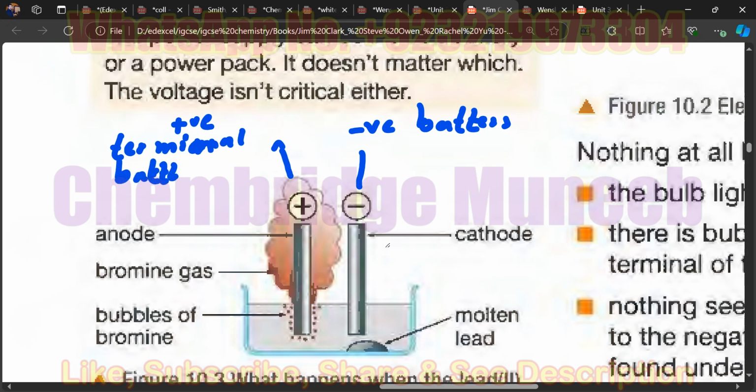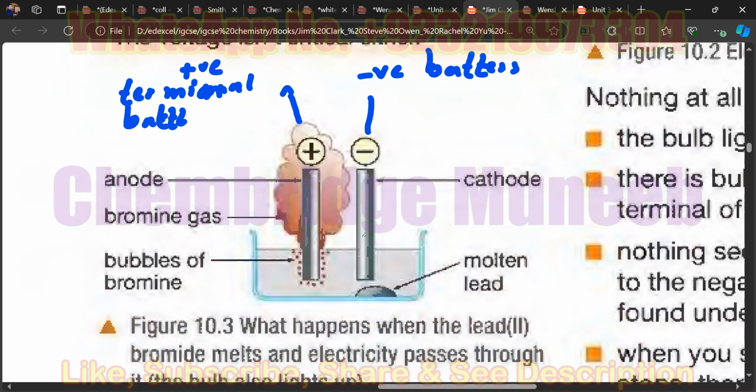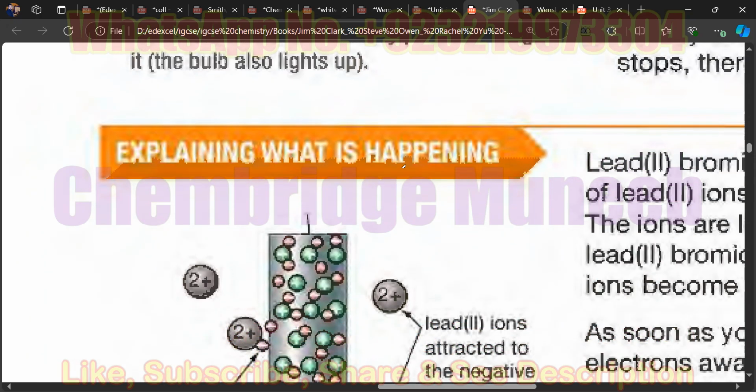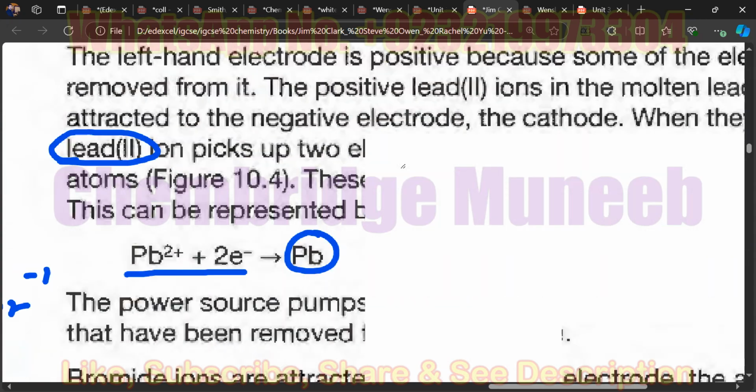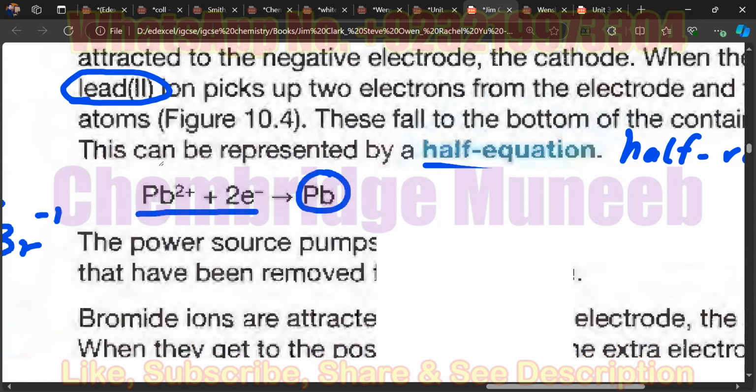When the negative terminal is connected with the battery, as a result of this, the electrons are passed into the solution. The negative terminal pushes the electrons into the electrolyte. Now these electrons are being given to the positively charged lead ions. The electrons here are being given by the cathode. Is that clear? Yes.